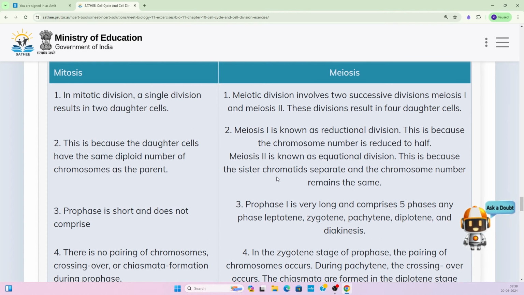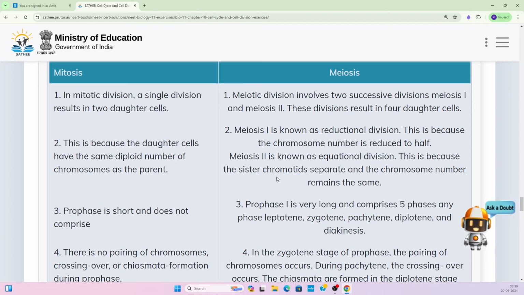Number one, in mitotic division, a single division results in two daughter cells. A single division is taking place and the cell is divided into two daughter cells, that is karyokinesis and cytokinesis, and the cell divides into two daughter cells of equal size.